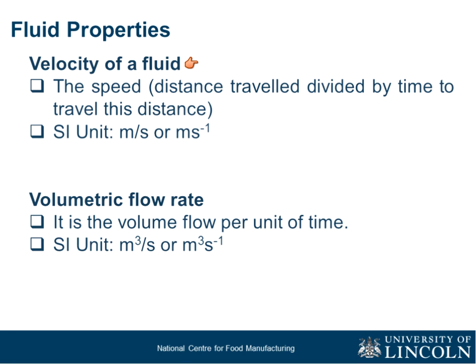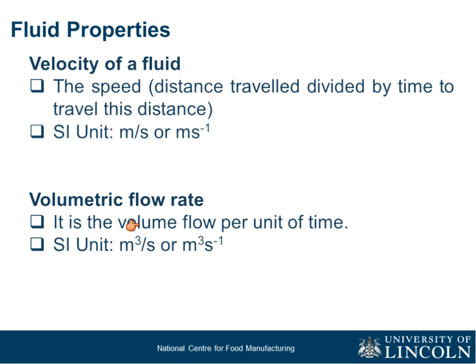Now, the difference between the two: this is talking about distance over time, the velocity. Volumetric flow rate is talking about the volume per time, the volume of flow per time. You can see from their units, this one is talking about distance per time, meter per second.